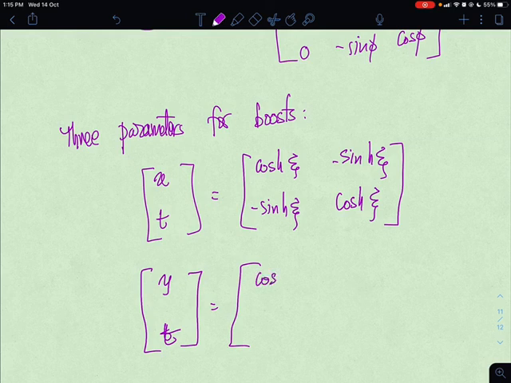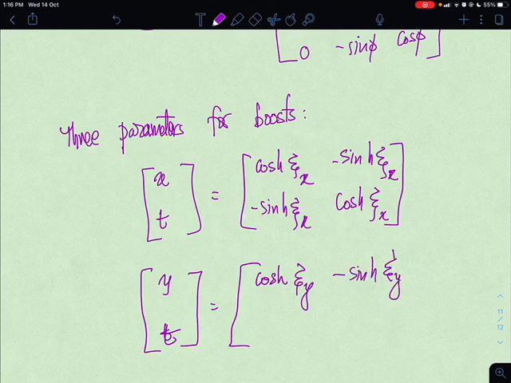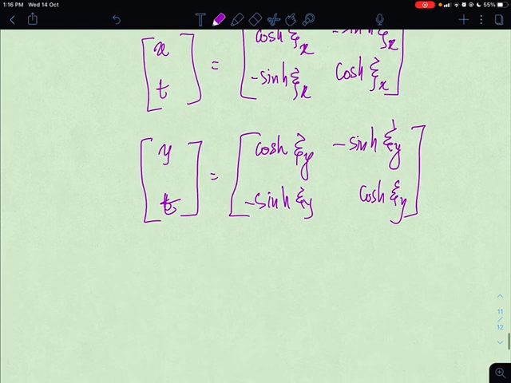You can write cosh, instead of xi, let me call it xi x. Then you can have xi y, sinh xi y, sinh xi y, cosh xi y.